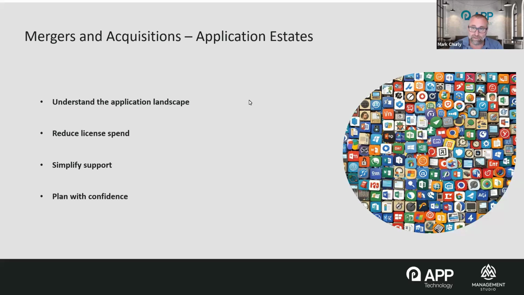So we've touched on this already, but on the application side, how can things be improved? With Management Studio, you can get full visibility of the application estate to start making decisions, and you can do this based on evidence rather than guesswork. You can see where there are risks in the estate. Is anyone using Silverlight? Are there pockets of Office 2013 out there?